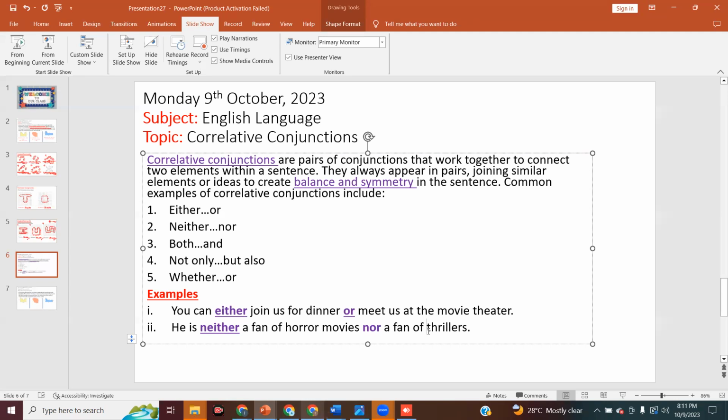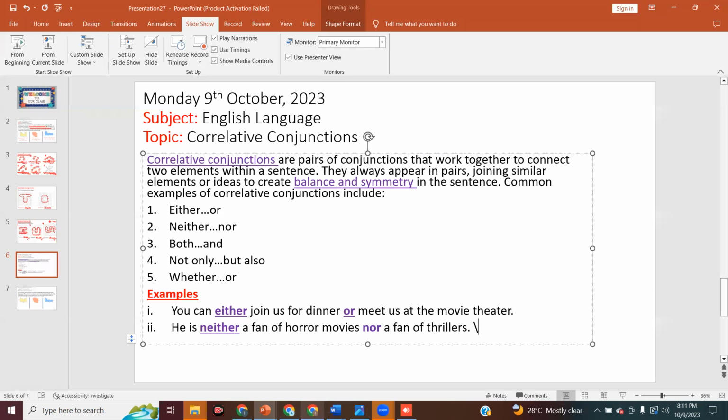What do I mean by emphasize exclusivity? I'm saying what he particularly does not do. He isn't a fan of horror movies, nor is he a fan of thrillers. So that tells us the niche that he's in.